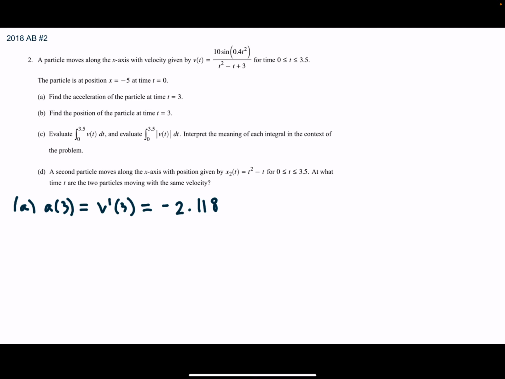For part B, it's asking you for a position of the particle. Well, it gave you the rate of change of the position of the particle, and it's asking you for a new position. So guess what you do? You do new equals old plus net change.